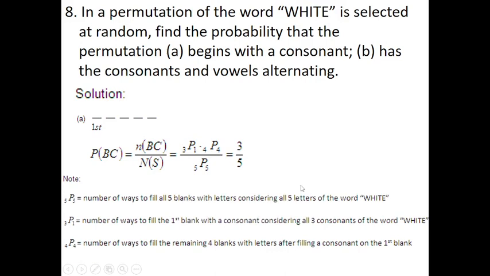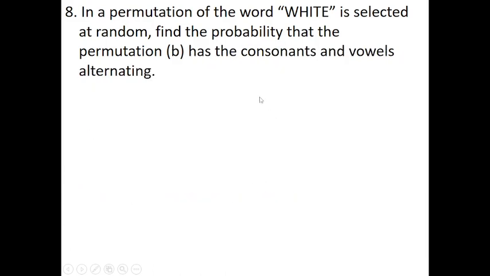So letter B has consonants and vowels alternating. Consonant, vowel, consonant, vowel, consonant. Okay.